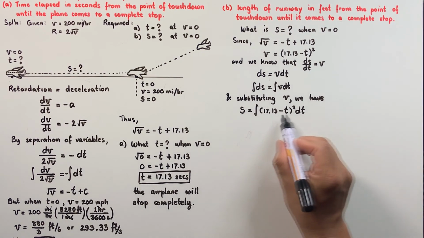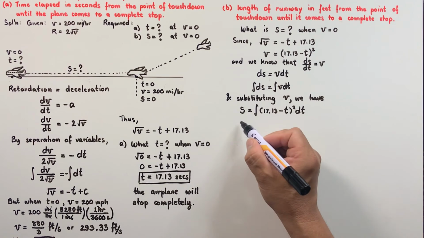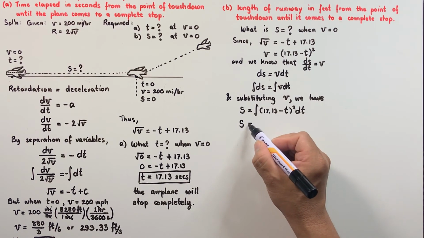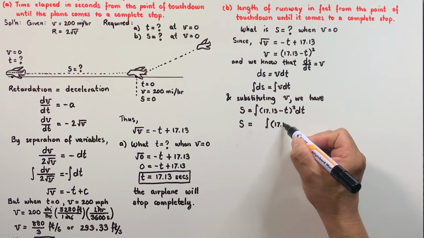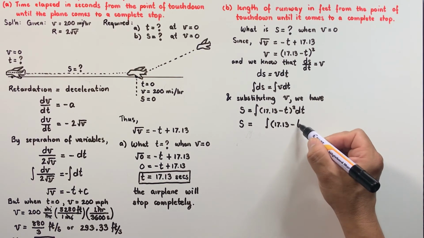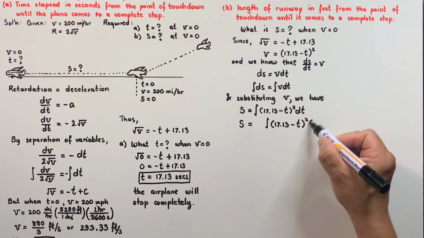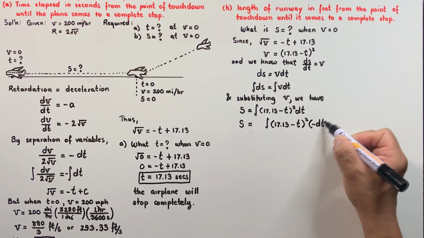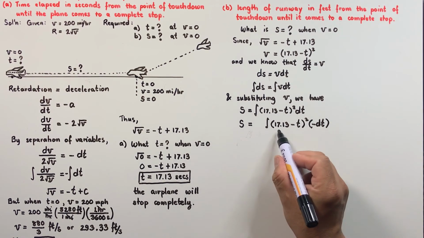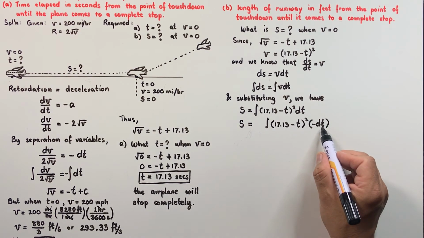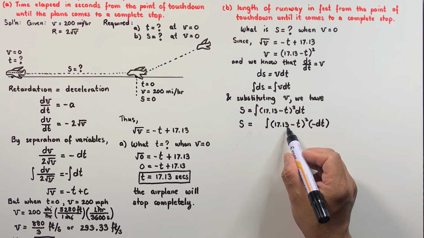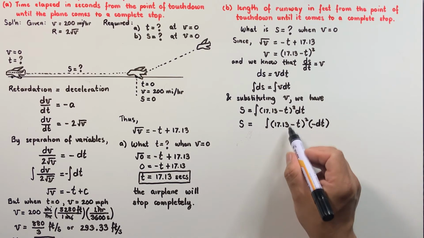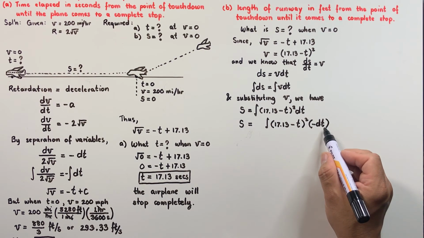And integrating the square of this binomial, we have s, which is equal to the integral of 17.13 minus t to the power of 2 times the negative dt, because the differential of this binomial is negative dt, since the derivative of 17.13 is 0, but the differential of negative t is negative dt.